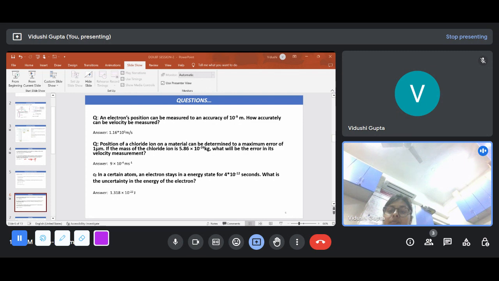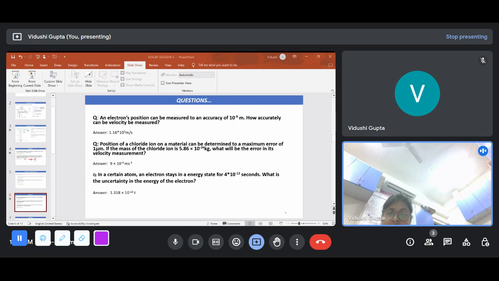So how will we do it? We already discussed, it will be x d by dx. We always have to multiply by a wave function, that is psi. x d by dx minus d by dx x, multiplied by the wave function.